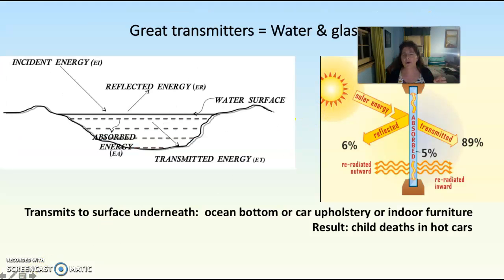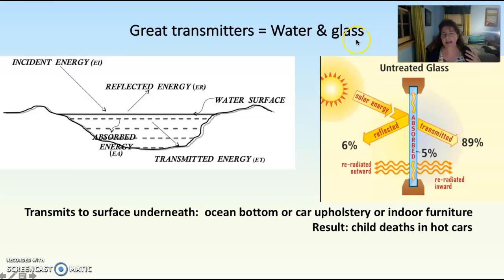When we talk about great transmitters in our atmosphere, those include water and glass. Radiation transmits well in water. That's why when you put a pencil in a glass of water, you'll see the line kind of shift, right?